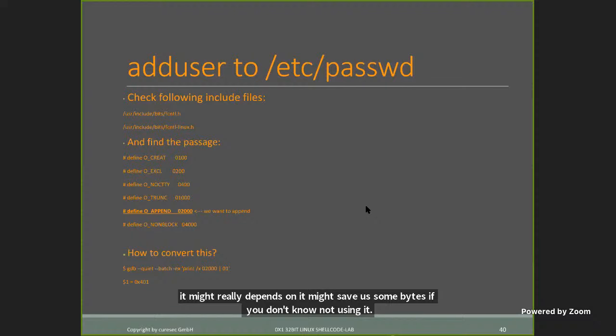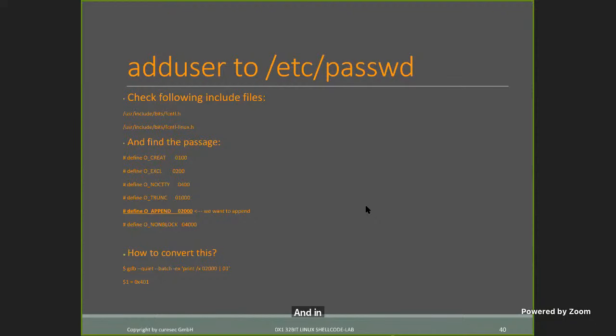And in regard to the flags, I've prepared something already. As you might know, if you open up a file on a Unix operating system, you can do it with different options, right? So you can, for instance, create a file or truncate it, open it read only, open it write only, stuff like that, or even append, which means open it with a write flag and don't delete the file, but change data.